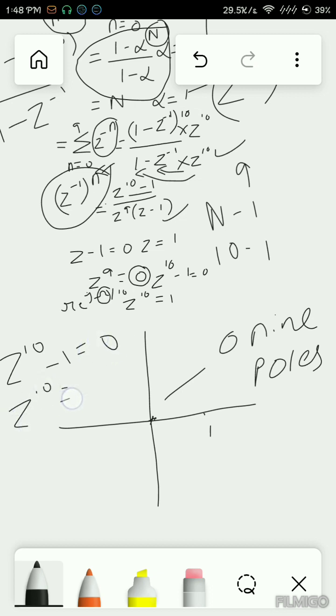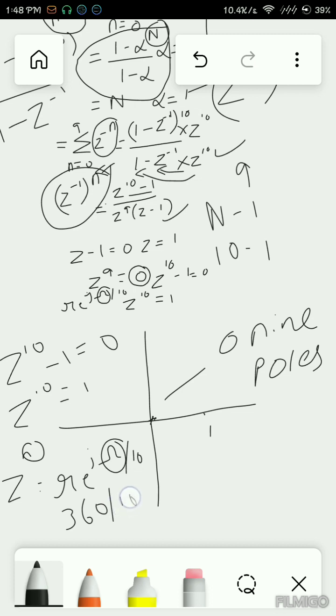Therefore z is equal to r e to the power of j omega. What happens to z to the power of 10? This omega gets divided by 10, so if you consider omega as 360 and divide it by 10, you are going to get 36.